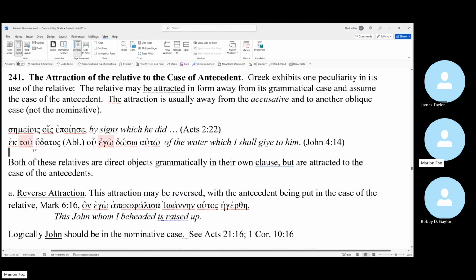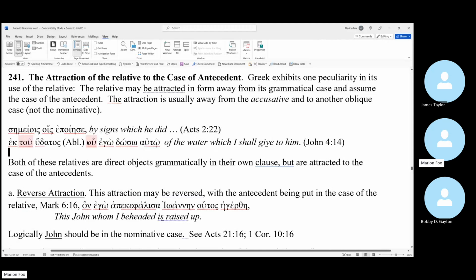Right. Ek tou hudatos, out of the water, out of which I give to you. I give to you, okay?